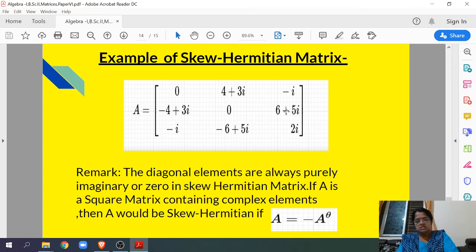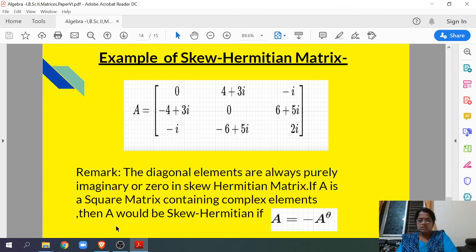Similarly, now consider this number which is in the second row and third column, means A23 element is 6 plus 5i. Then first we have to take its conjugate. Its conjugate will be 6 minus 5i, and again its minus we have to take, and therefore minus 6 plus 5i, which is A32 element.